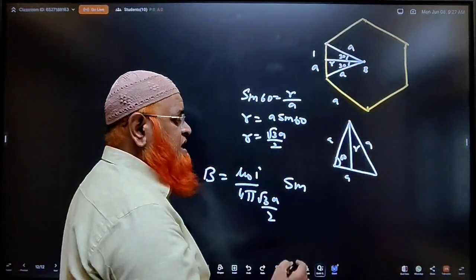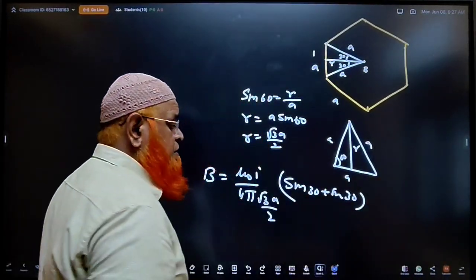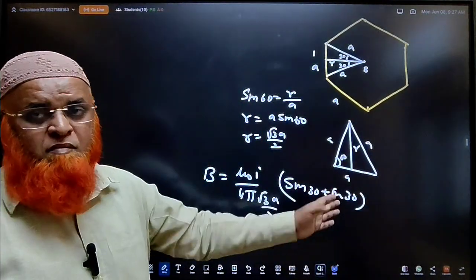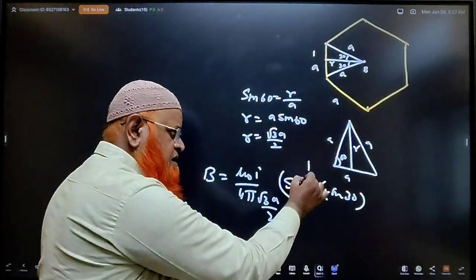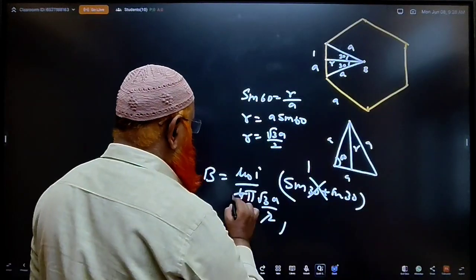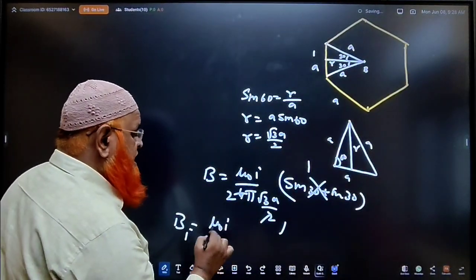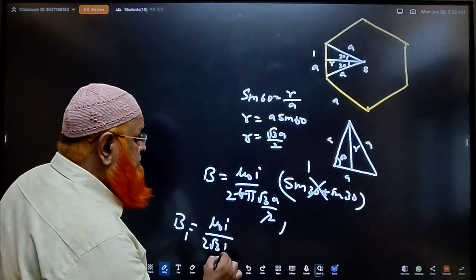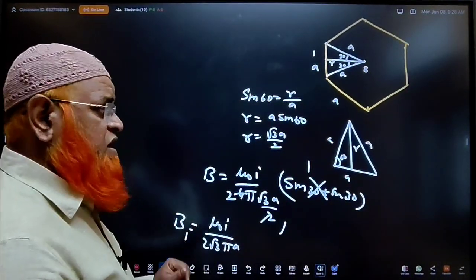Sine 30 plus sine 30 is 1 by 2 plus 1 by 2, which is nothing but 1. So you don't need to write the 1. So B for a single wire is mu naught I by 2 root 3 pi A. This is for a single wire.